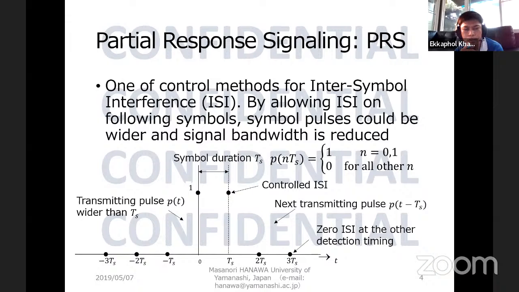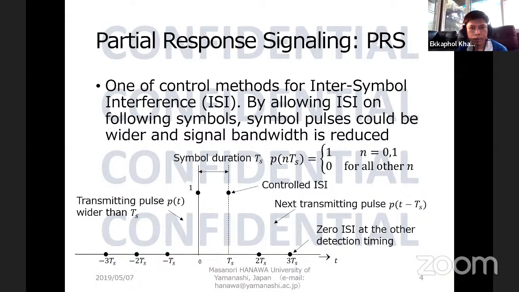For example, in this case, we may use a 2TS rectangular pulse, which has a pulse width of 2TS. It means all the transmission pulses are interfered with the next pulse. This is what we call the controlled ISI.